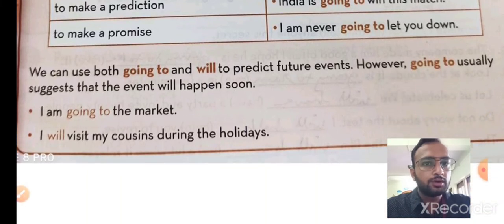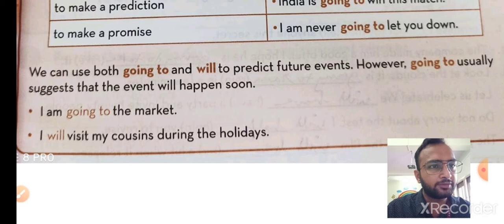So we can use both going to and will to predict future events. However, going to usually suggests that the event will happen soon. So basically for events which are going to happen as soon as possible, we should be using going to. I am going to the market, so definitely we will be going within a few minutes or a few hours. I'll be visiting my cousin during the holidays.